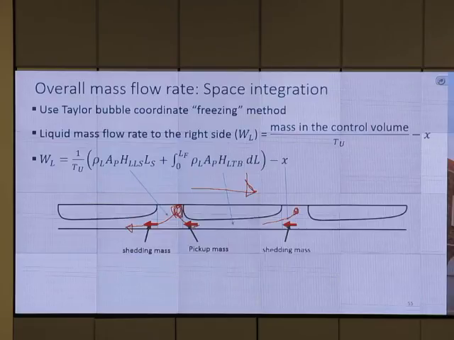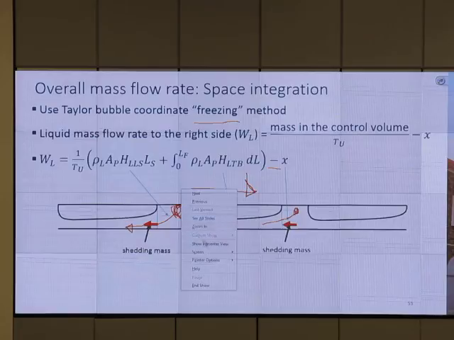So when we use a freezing method and take a snapshot, we don't know what is moving inside, right? Taking a snapshot is the same as a moving observer. If you move at the speed of the Taylor bubble, everything is kind of frozen, stays still, doesn't move. But there is something moving in it, right? So we have to account for that, which is X.